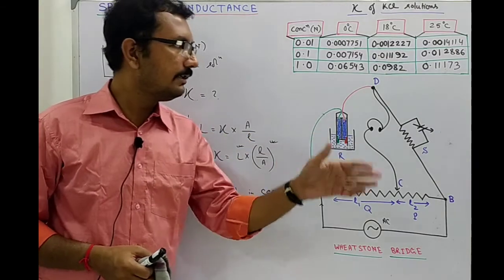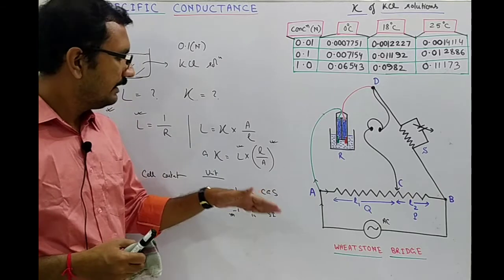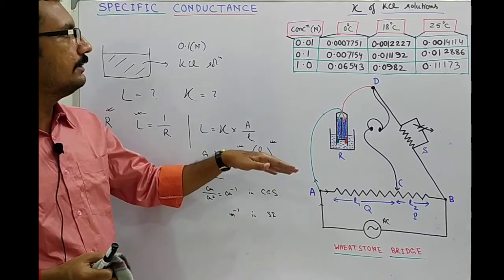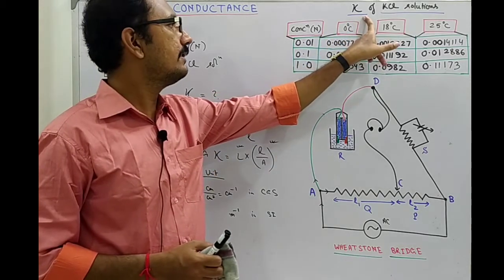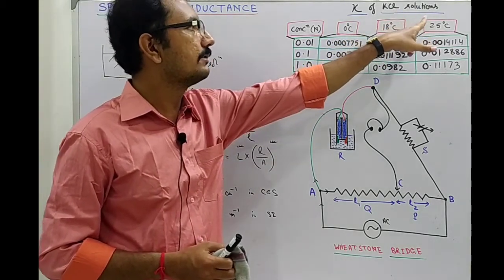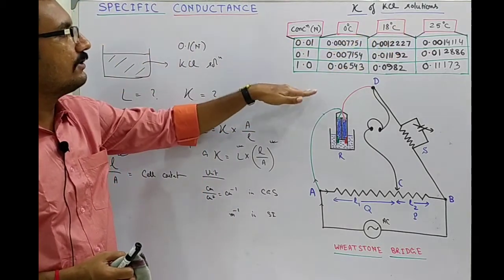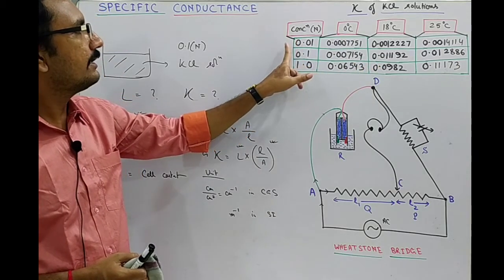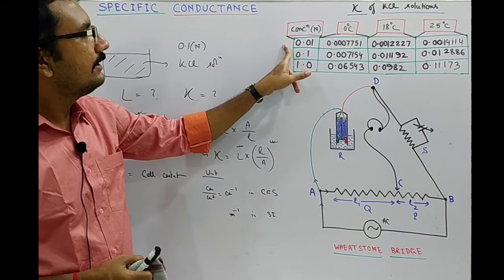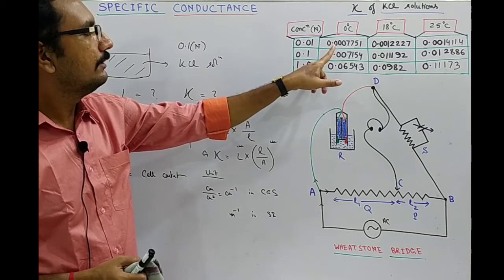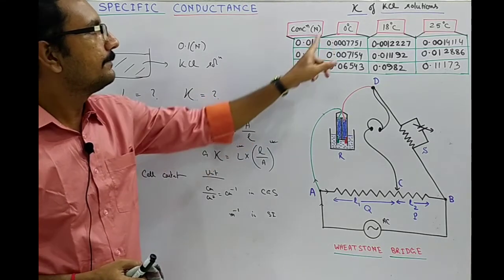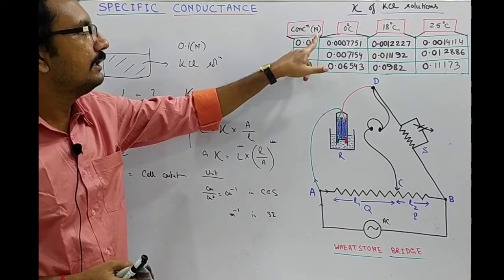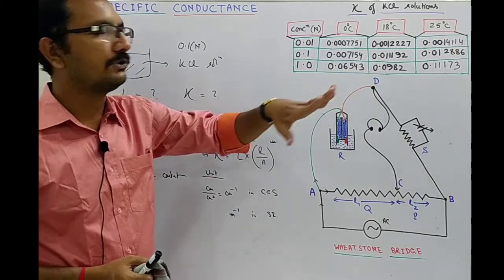Kohlrausch and his co-workers did a monumental task. They accurately determined the specific conductances of KCl solutions for different concentrations at different temperatures. For example, at 0 degree centigrade, the specific conductance kappa of a KCl solution having concentration 1.0 normal is 0.06543.